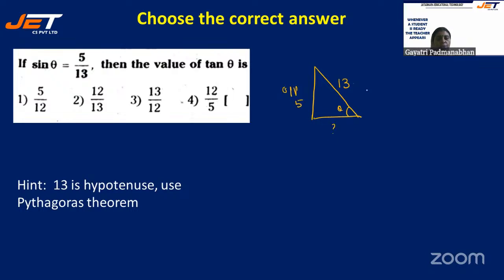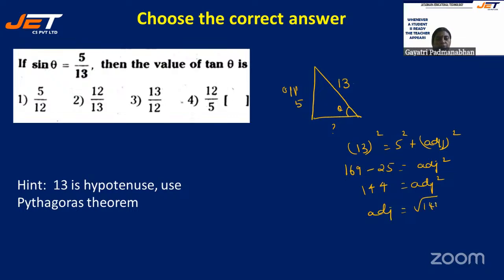How would you know this? 13 the whole square is nothing but 5 square plus adjacent side the whole square. So 169 minus 25 is adjacent side the whole square, which is 144. Therefore, adjacent is equal to root of 144, which is 12. So we have found this to be 12.